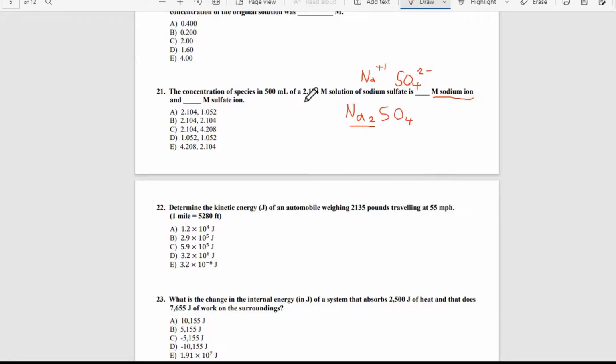The molarity of sodium sulfate is 2.104. So it's the molarity of sodium sulfate times 2. Yeah.